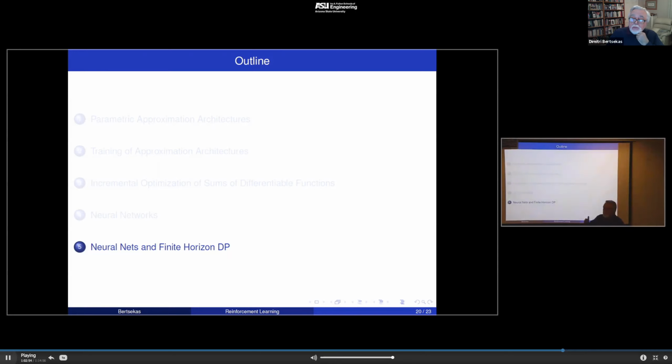Well, we can do it step by step by using a neural network for each stage, generating data using the preceding neural network, and then building a neural network for the current stage, and then using data from that neural network to go one stage back, and so on.